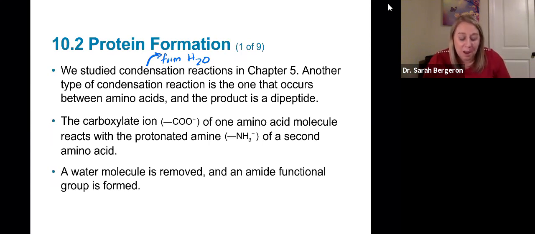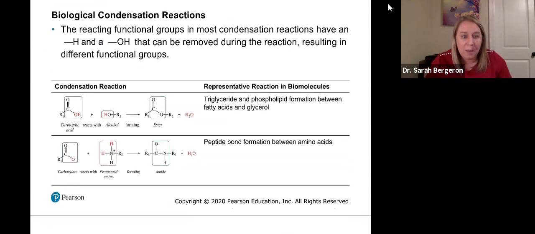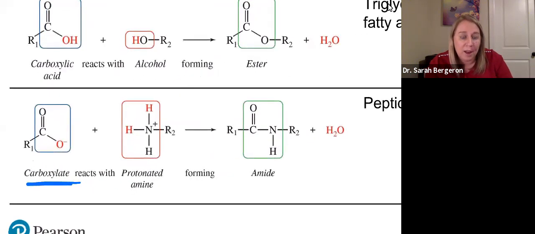So what's an amide functional group? Well, let's look at what happens, right? So you have any kind of carboxylic acid or carboxylate ion. In our case, we're talking about a carboxylate ion. So we have that C double bonded to an oxygen, and we have another oxygen that has a negative charge.